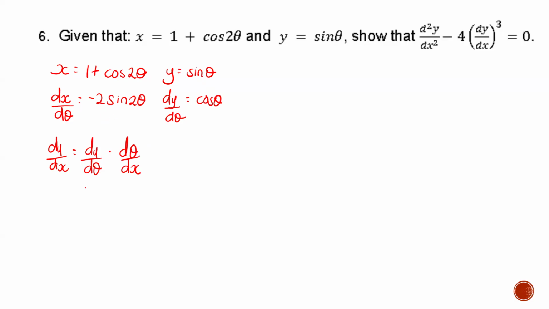So it will give us cos theta times 1 out of -2 sine 2 theta, right? Cosine, cosine. Then I'm going to expand this using a double angle formula.